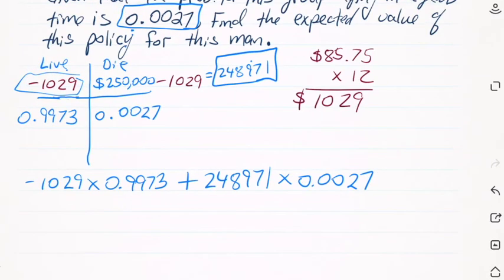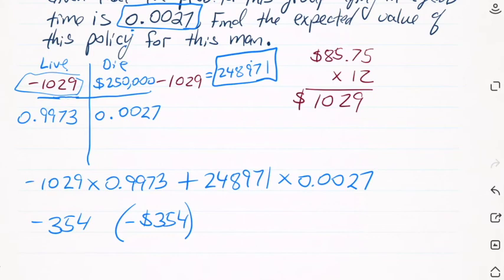So after I type this into my calculator and double check what I typed in just to make sure I don't make a mistake, this turns out to be negative 354. So the expected value would be negative $354 for this man that purchased this insurance policy.